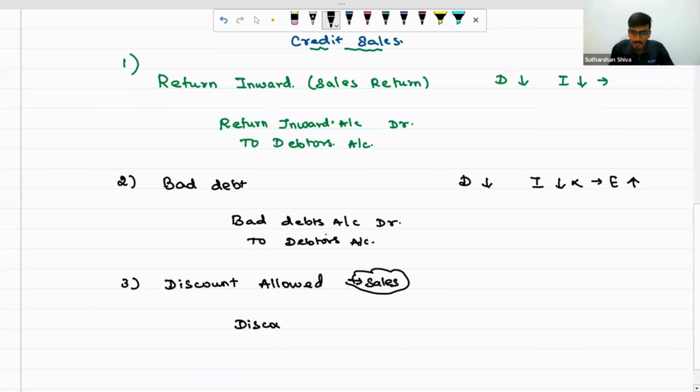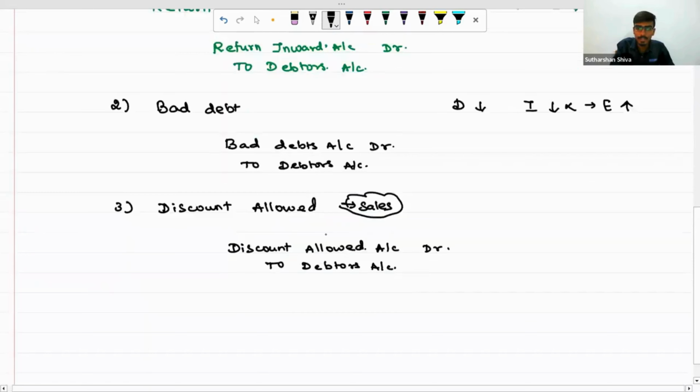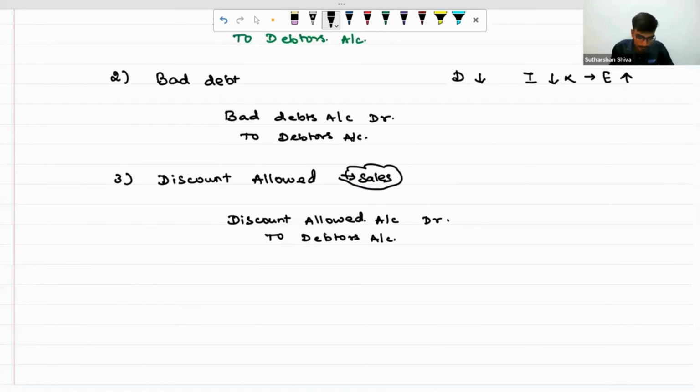This expense is going to increase. I will write it down as discount allowed, or you can also say not only an expense, it is a loss for the business also. Discount allowed account debit to debtors account, because my debtors is going to decrease. This is the third thing.